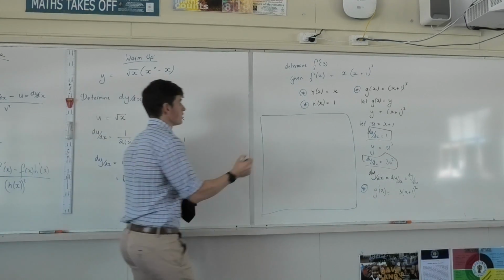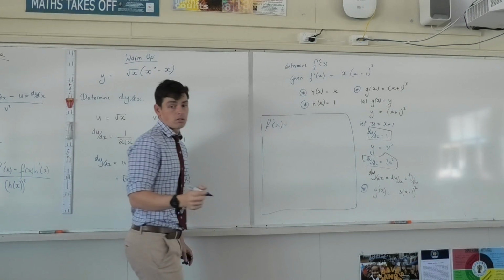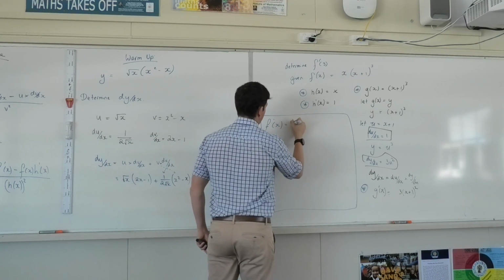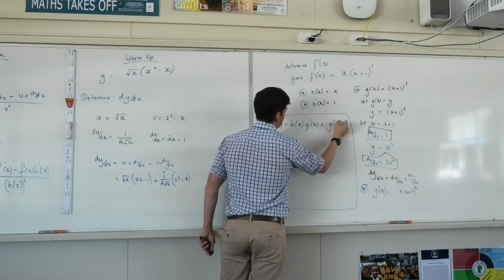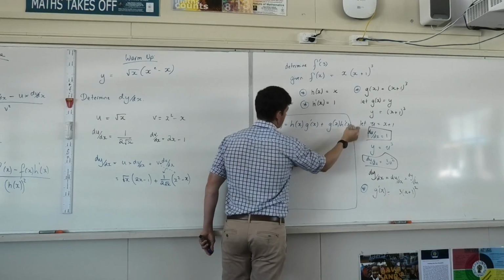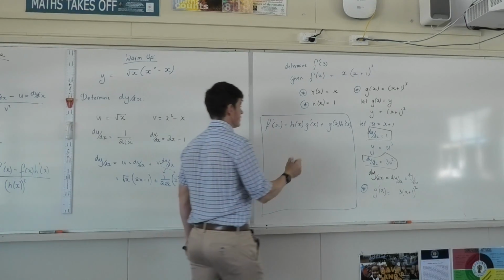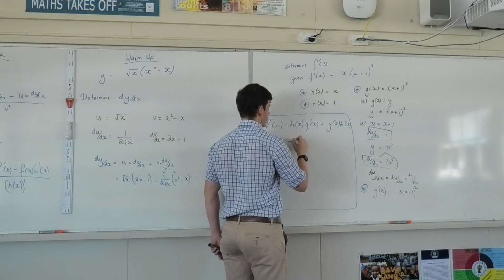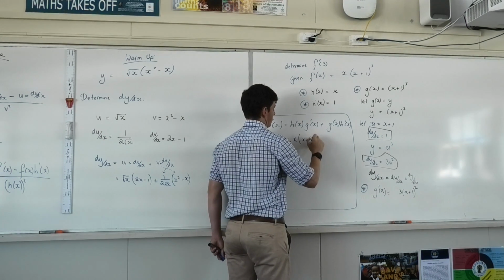I know that f'(x), does it matter about the order for the product rule? Does the order matter? No. So I've got h(x) times g'(x) plus g(x) h'(x). So h(x) is x times 3(x plus 1) squared.